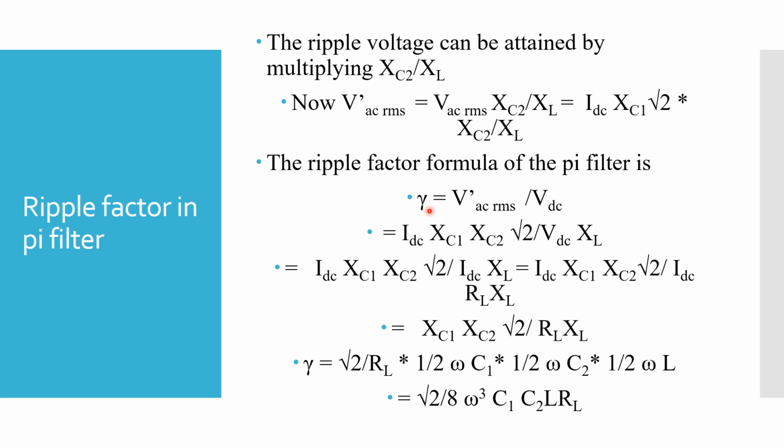Ripple factor gamma is equal to VAC RMS by VDC. So simply we are going to substitute the value of VAC RMS and VDC, and we'll get the equation as XC1 XC2 root 2 upon RL into XL. And when we simplify all these values, we'll get this as root 2 by 8 omega cube C1 C2 L into RL. So by using this equation, we can find out the ripple factor for this pi filter.